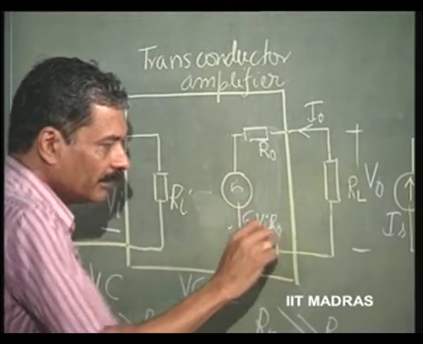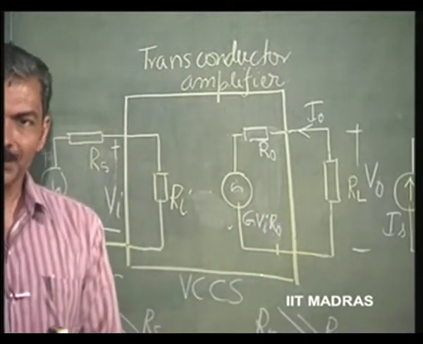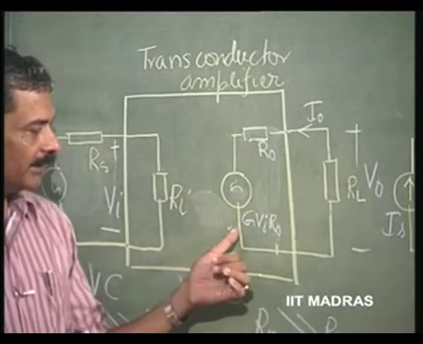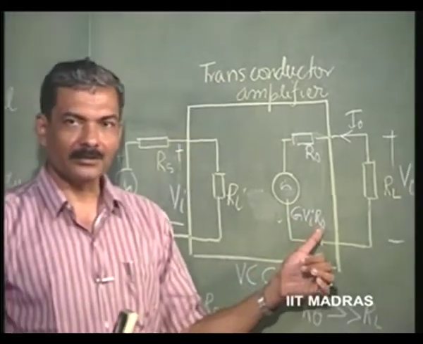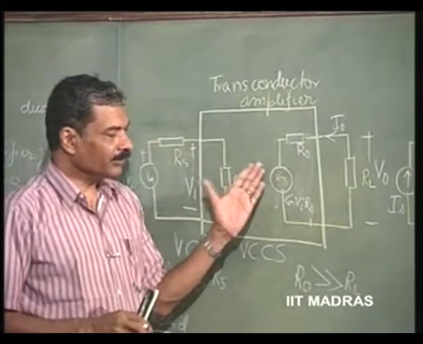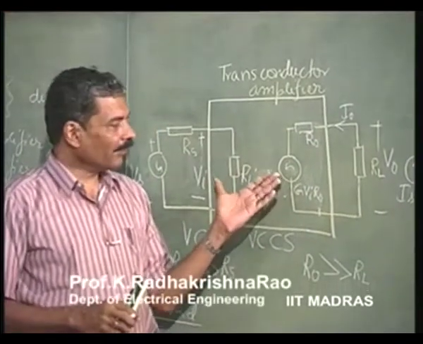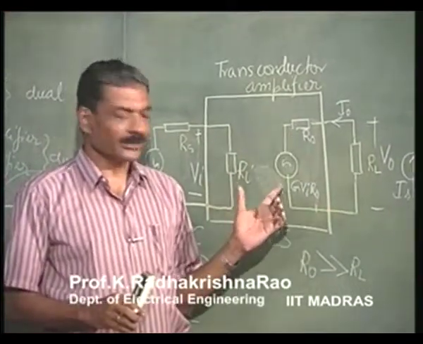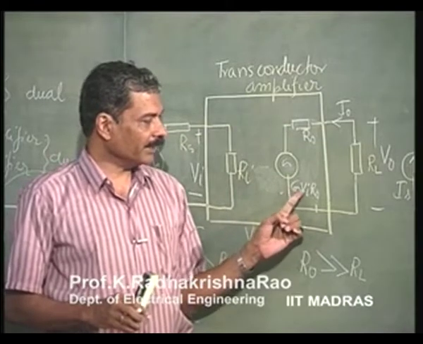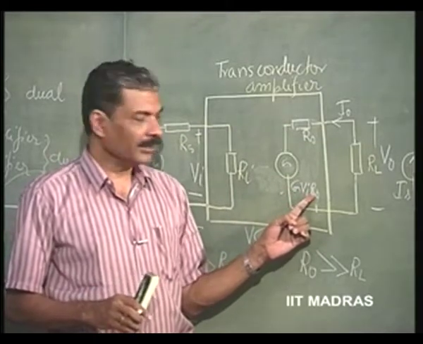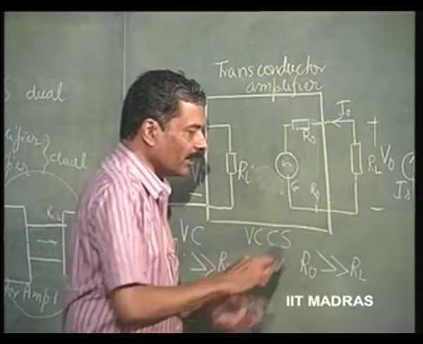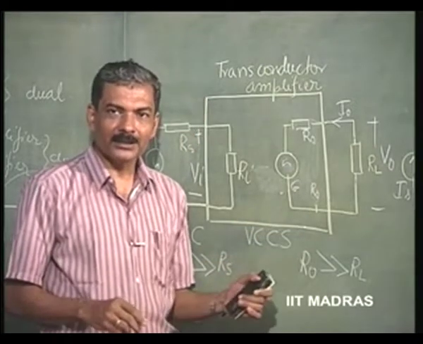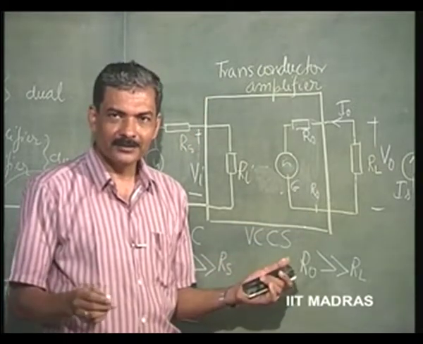It is nothing but what is defined as the open circuit voltage of the source, that is G times Vi times R naught. Okay. So, now you see I have represented this as a voltage source with G times Vi times R naught, okay, and you will call this G times R naught the open circuit voltage gain.